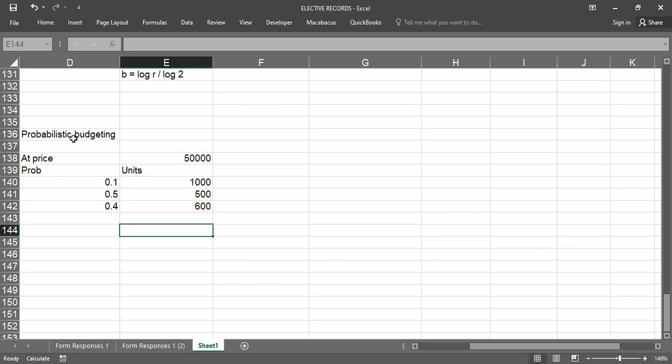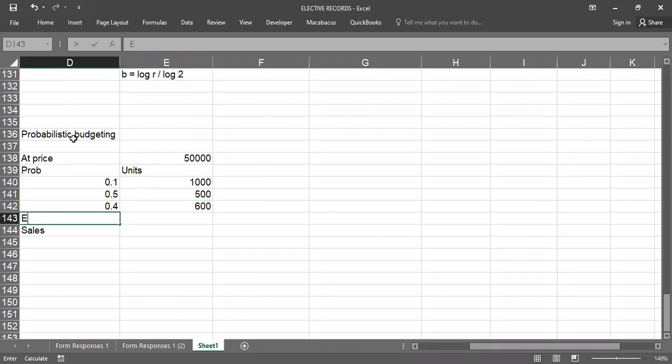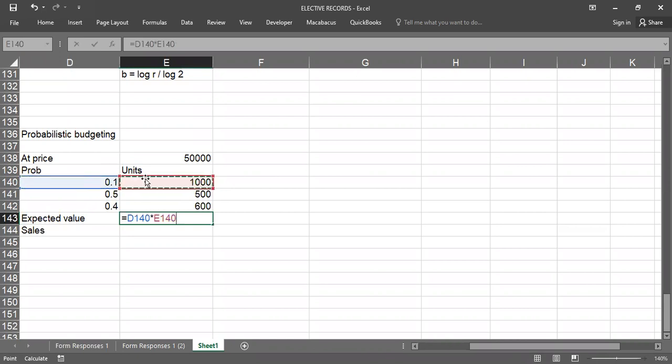Now, if you're finding sales, the number of units that you use to multiply with the selling price is given from these probabilities. You get the expected value. Expected value here, in terms of sales, is given by the probability times its corresponding unit plus probability times its corresponding unit plus the probability times its corresponding unit.